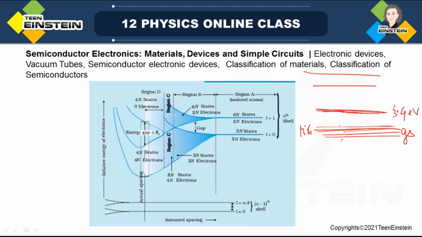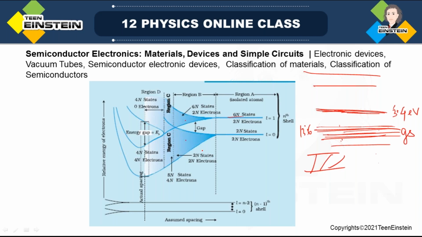This splitting increases as the interatomic distance becomes less and less, and at some point there will be no gap between the levels. Together these many energy levels form a band.